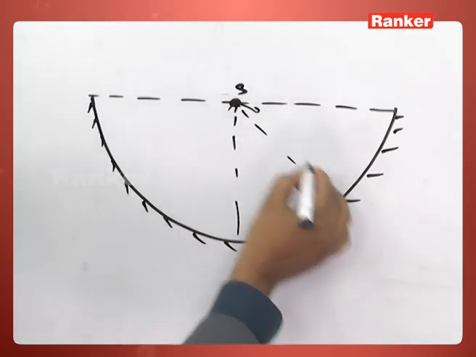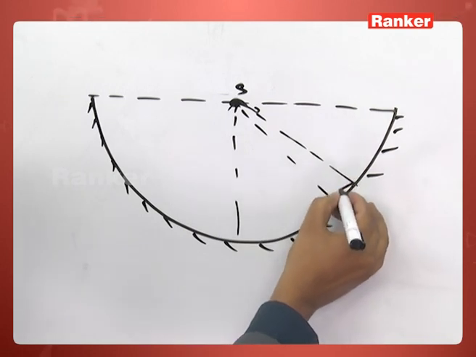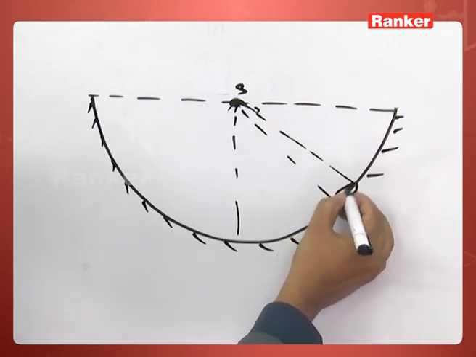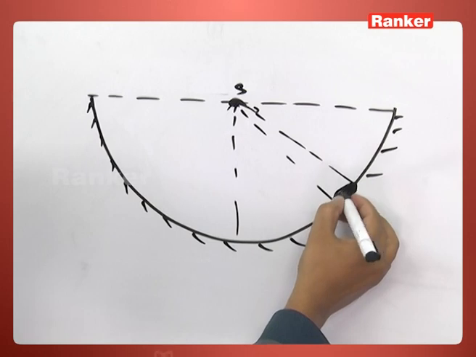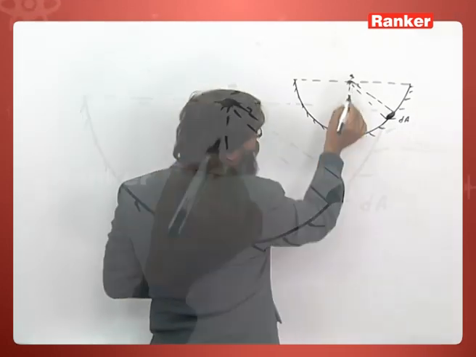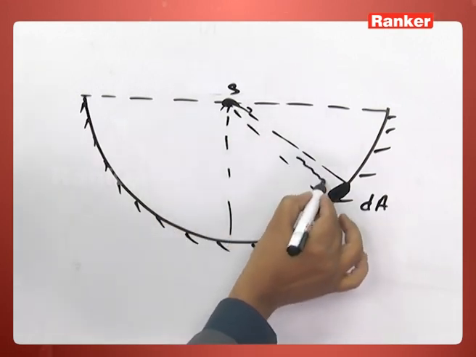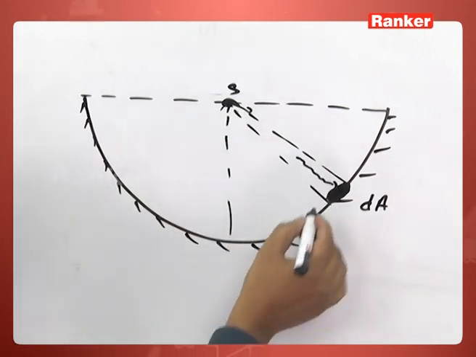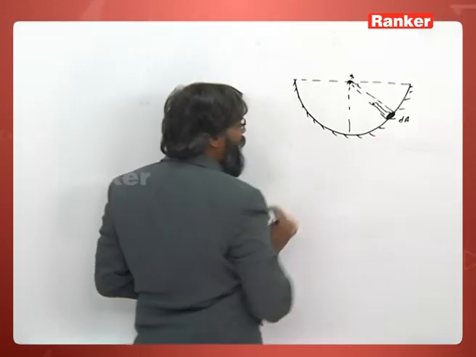So let us take an elemental area, let us shade it, this area is dA and radiation falls on it, and suppose it is a reflecting surface, so it recoils back.